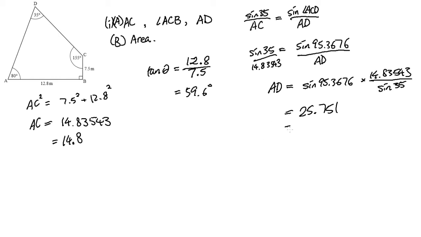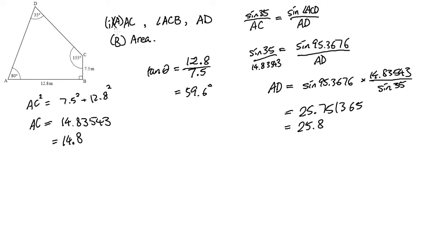So I will say that this is 25.8. I will just add another few decimals so that in the long run I again minimize my error for when I do my part B bits.